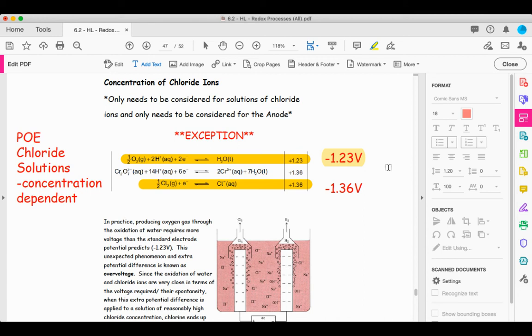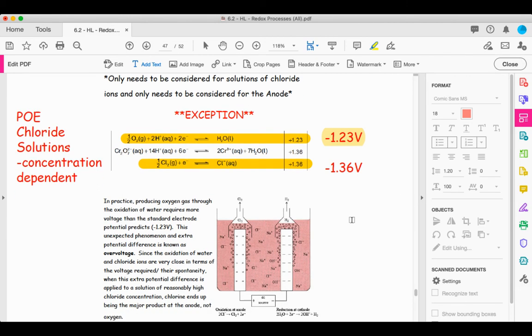That's exactly what you should be predicting based on our rules, based on the table, and based on interpreting how negative these electrode potential values are. So if you're following the rules, you should predict that oxygen is the product when we have a solution of chloride ions. However, what turns out to be the case is that this is concentration dependent.